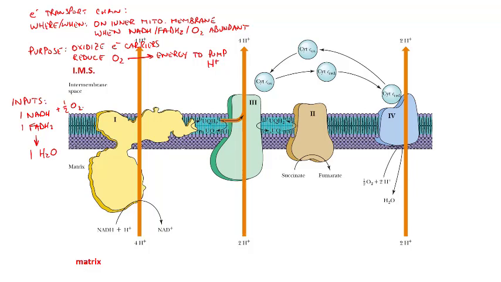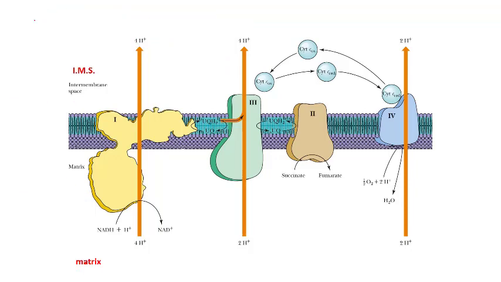What we care about are protons being pumped into the intermembrane space. So we can consider that an output. And as for regulation, it may surprise you to learn, this is not really regulated. And I suppose that's because everything up to this point has been regulated much more tightly. So at this point, we're just at the final stretch.